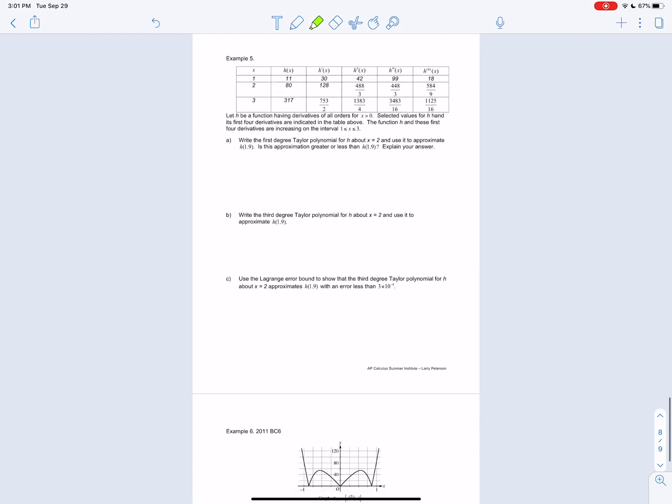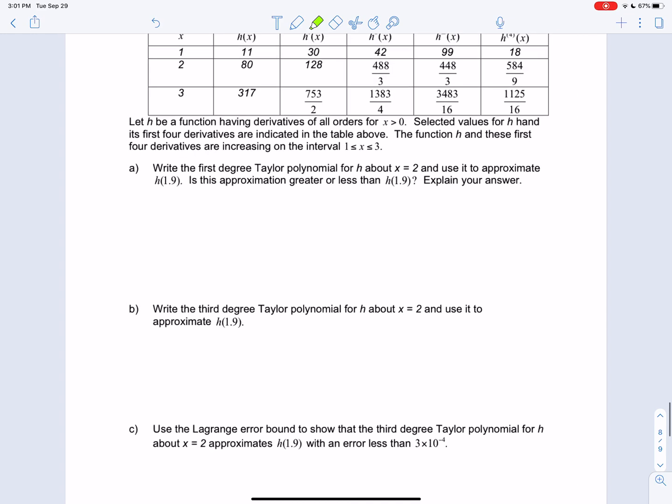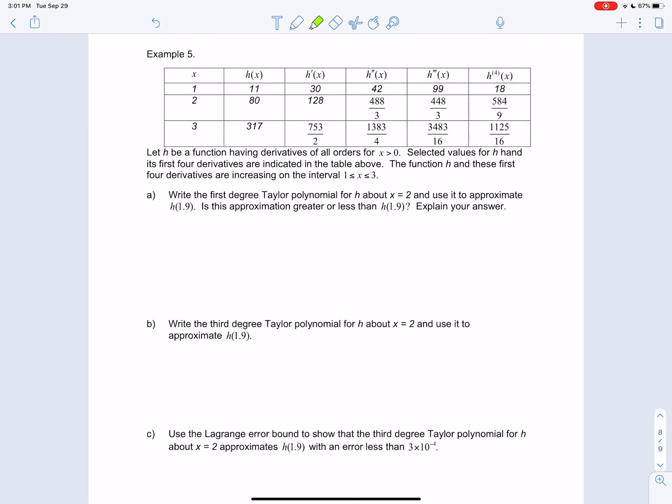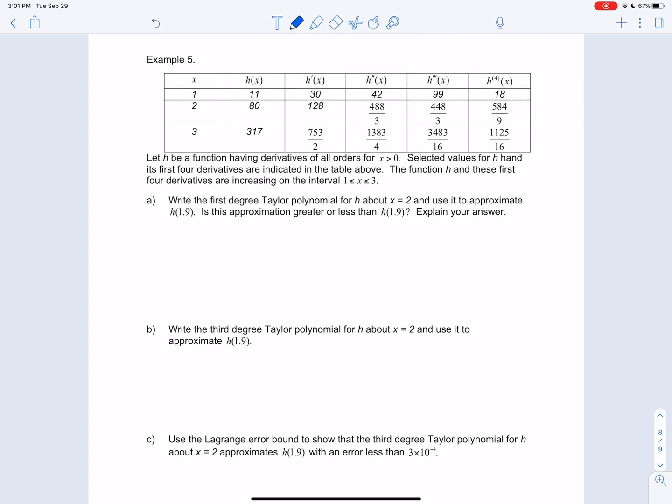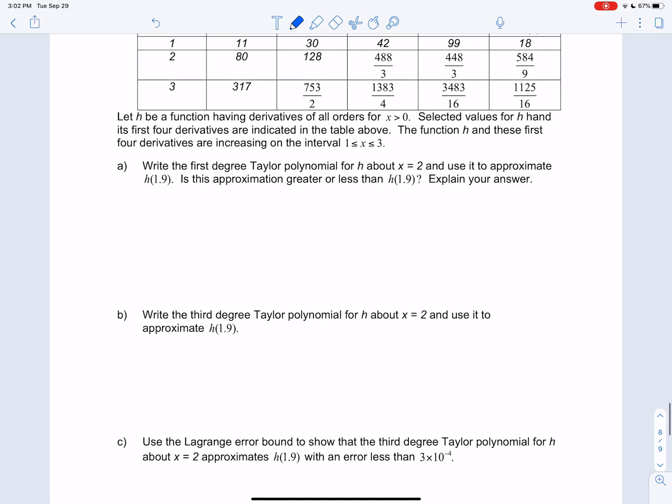Let's do one more. Okay. Last one. Here we go. Okay, write the first degree Taylor polynomial for h about x equals 2. Okay, so h of 2 is going to go first.